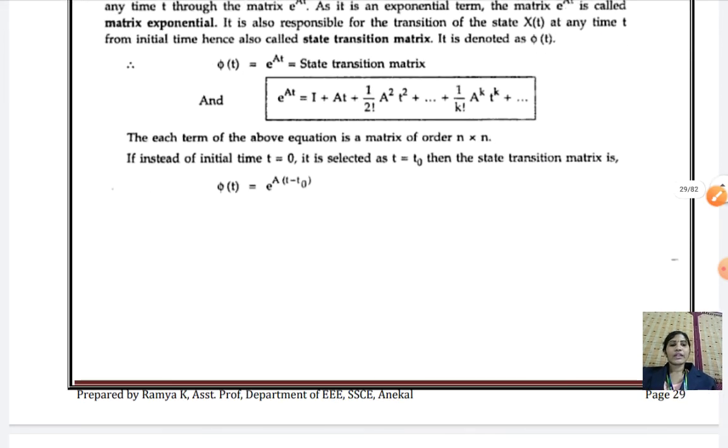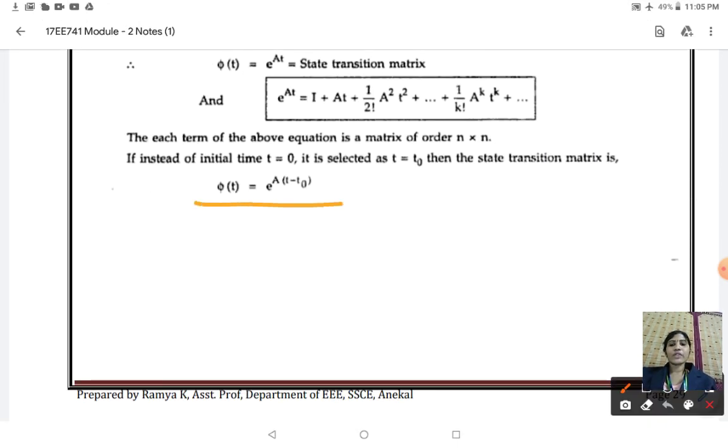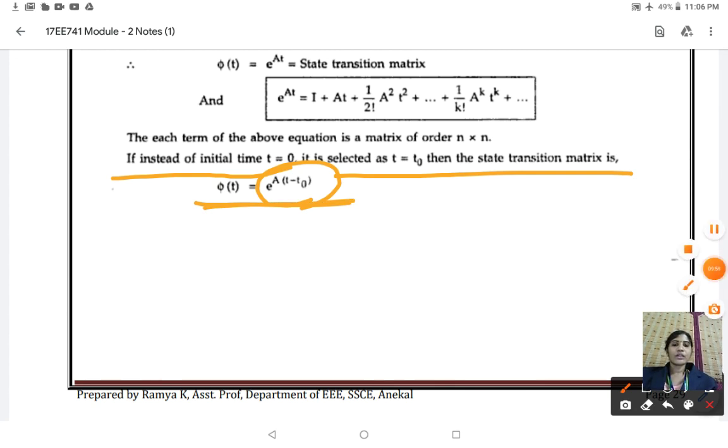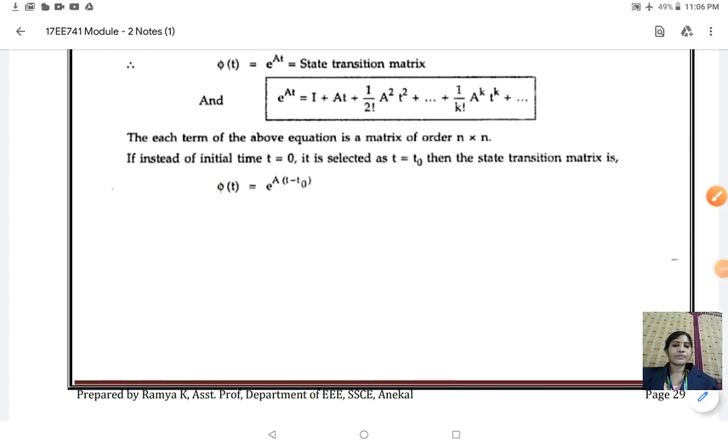So we can write this particular equation as phi of t is equal to e power a into t minus t naught. If instead of t is equal to 0, you select t is equal to t naught, then the transition matrix can be written over here like this. Clear?